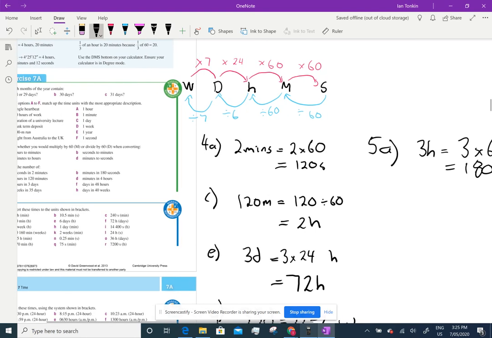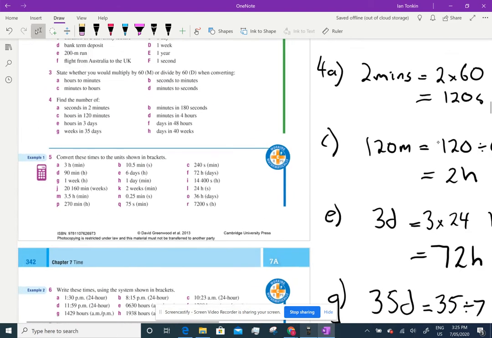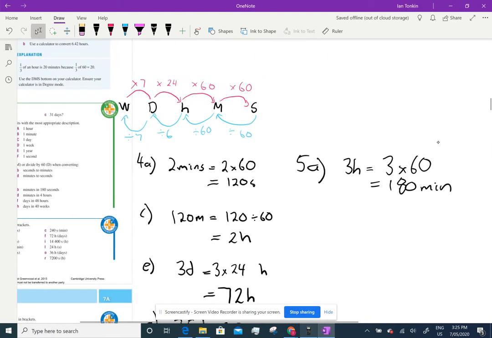Okay, let's have a look at the next one. 90 minutes to hours. So this is D. I've got 90 minutes. And I've got to go to hours. Well, that's one of these blue ones, minutes to hours. So 90 divided by 60.